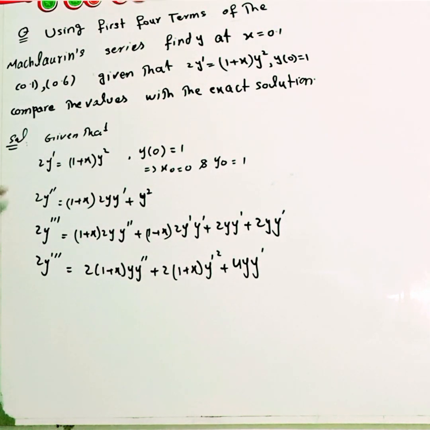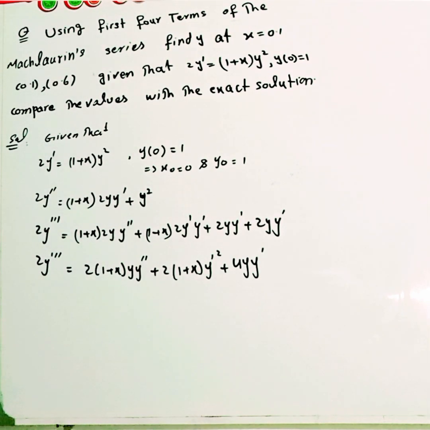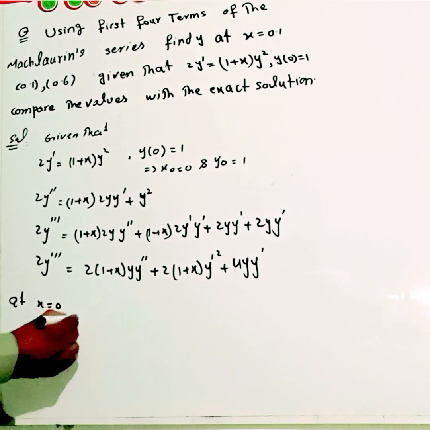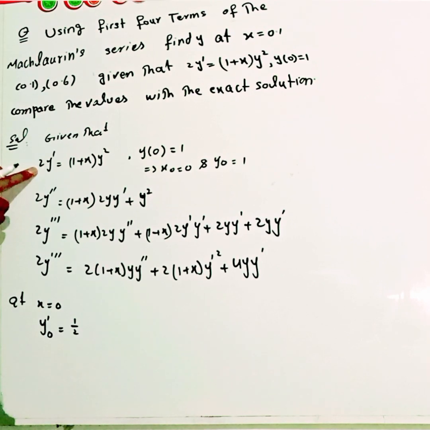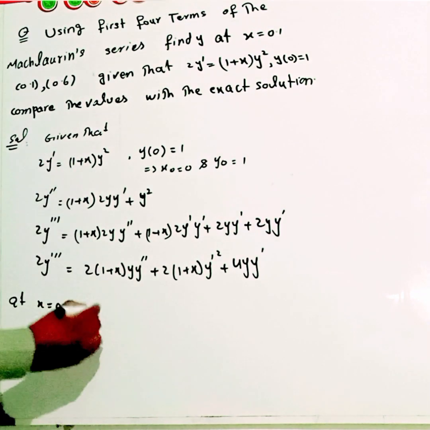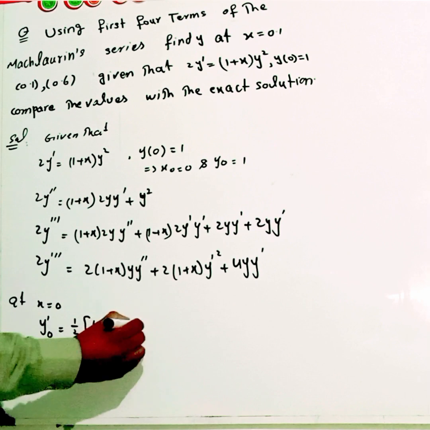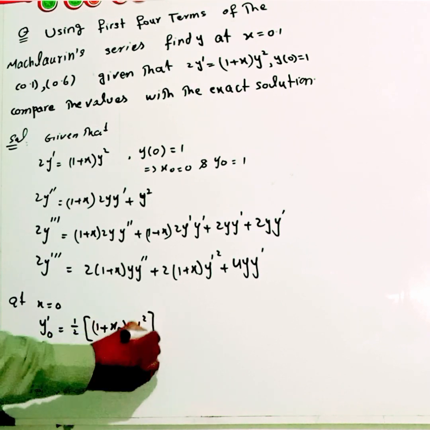Now we find the values of the 3 derivatives, y prime, y double prime and y triple prime at x equal to 0. At x equal to 0, y prime naught is equal to 1 by 2, the multiplication by 2 converted into division, and we have (1 plus x naught) into y naught square.